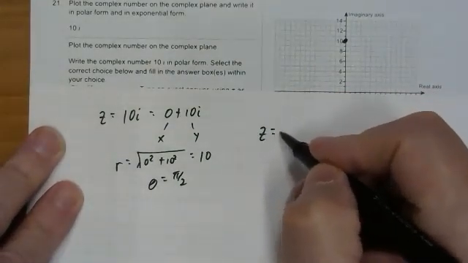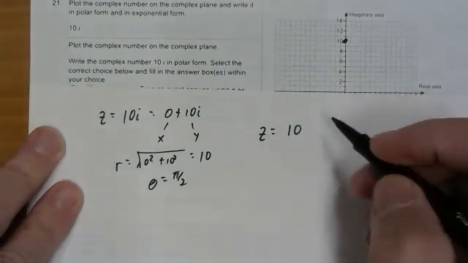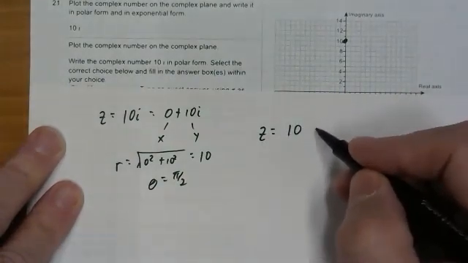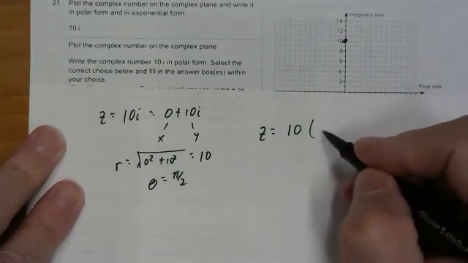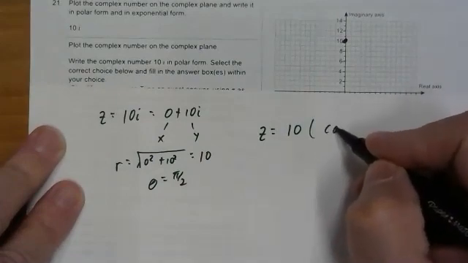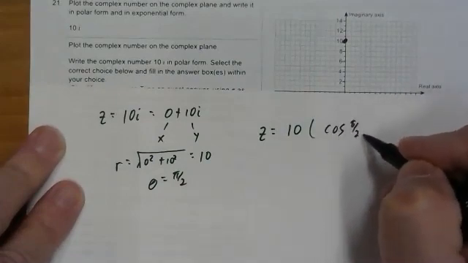So z should be r, let me write it out just to prove to you. Cosine pi over 2.